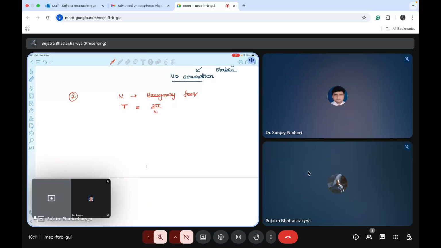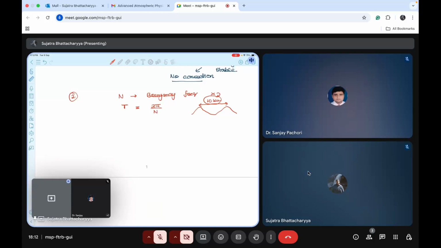Generally it is 1 by N, but we are looking at it as kind of an angular frequency, so we are writing it like this. Suppose there are two regions and you have a 10 kilometer distance to cover, which is being asked in the question. So x is equal to 10 kilometers, the distance between the two regions.